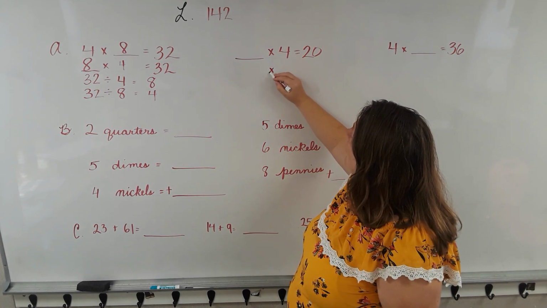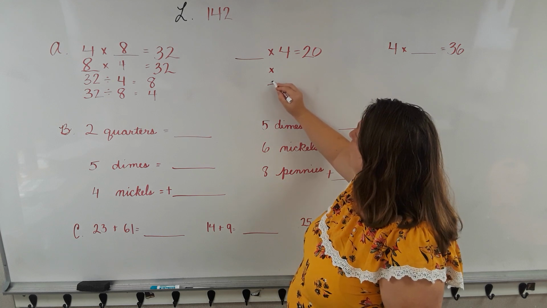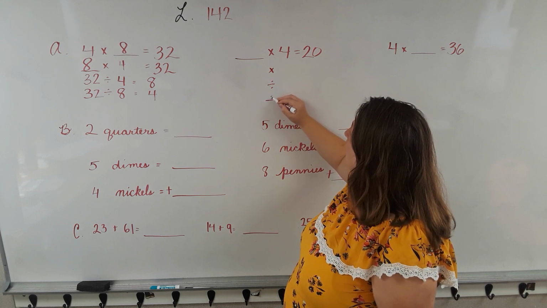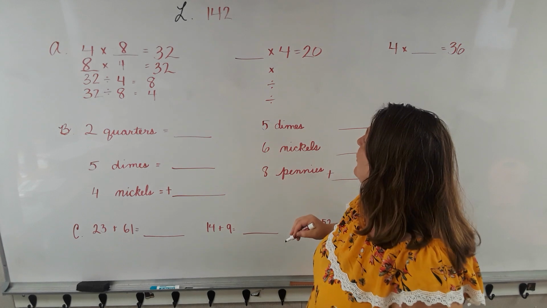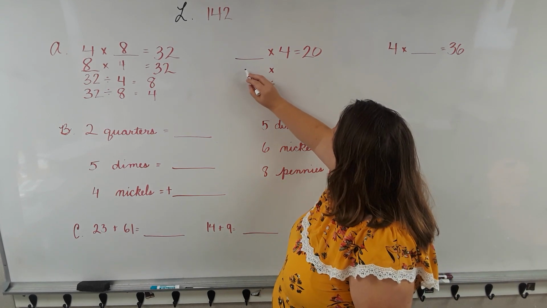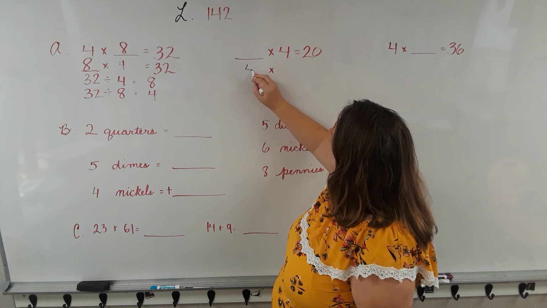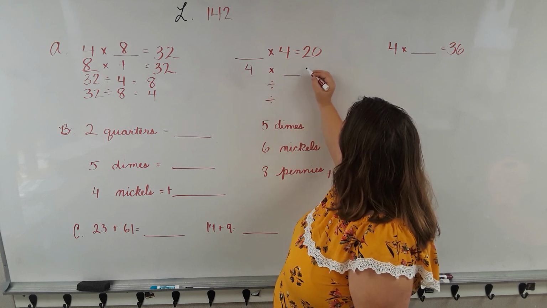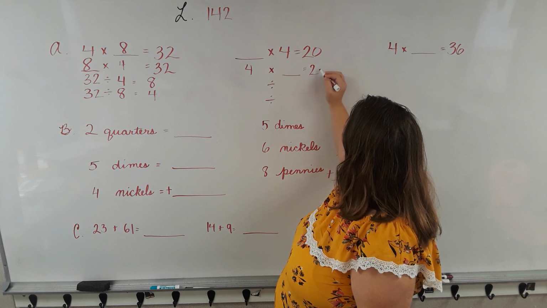We know we need 2 multiplication and 2 division, because multiplication and division are the opposites of each other. So a number times 4 is the same as 4 times a number, and it's going to equal the same product of 20.